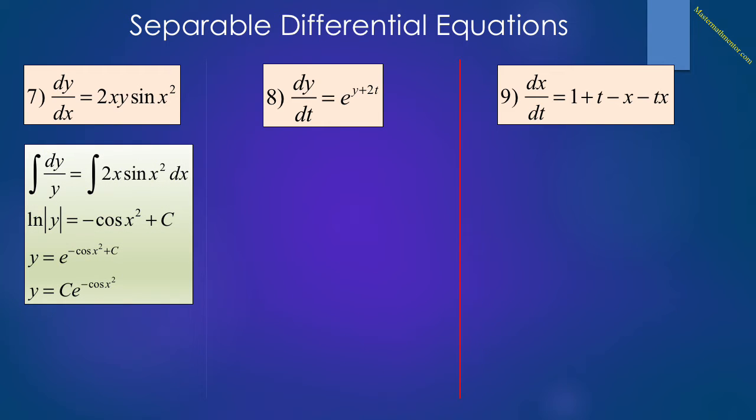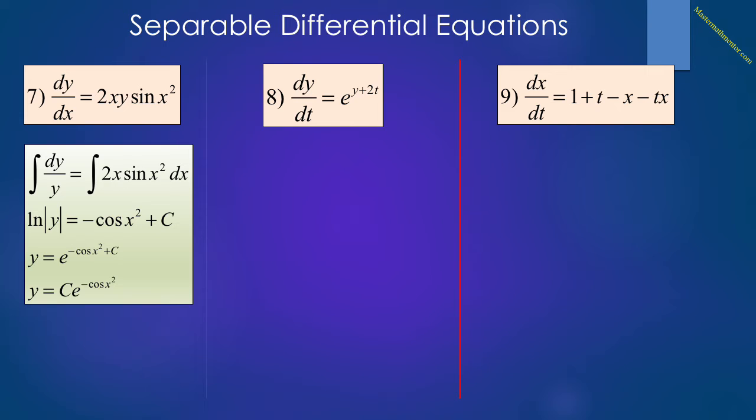Number 7 reads dy/dx equals 2xy times sine of x squared. To separate, we write dy over y is equal to 2x sine of x squared dx. And we now integrate both sides. The left side is the natural log of the absolute value of y.